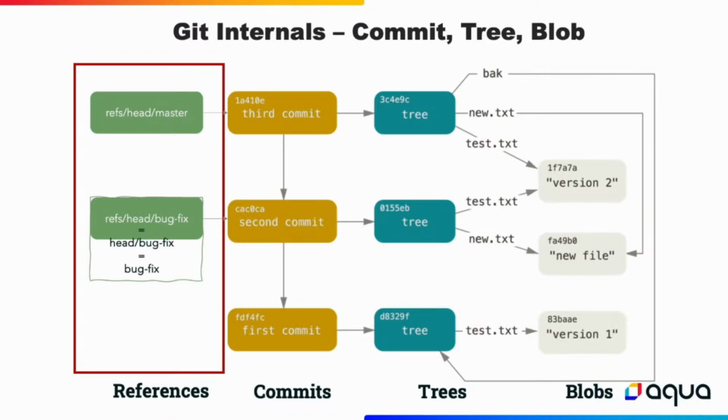And instead of using the short name of the branch, we can also refer to its full name, for example, refs/heads/master. Similarly, the bugfix branch full name is refs/heads/bugfix. For simplicity, we can omit the parts of the long name and just use the short name, like bugfix, without mentioning the refs/heads part, and it will still be understood by Git.